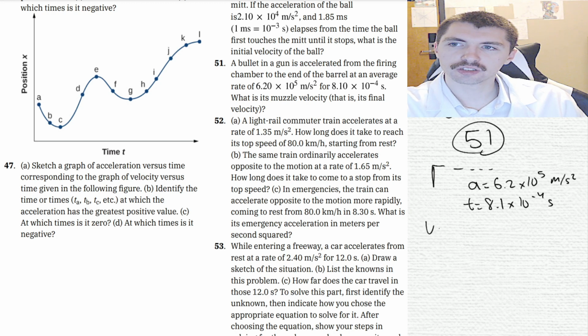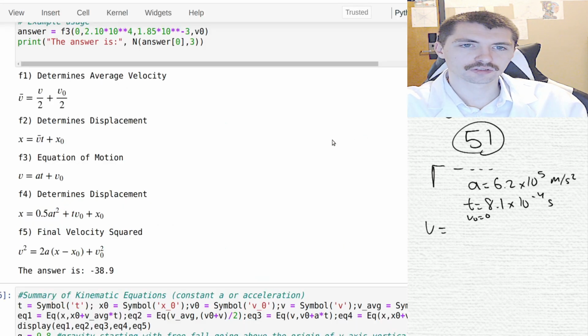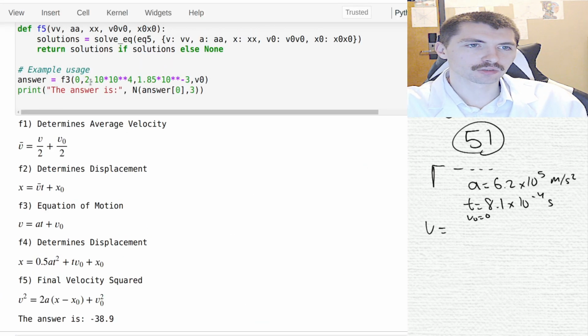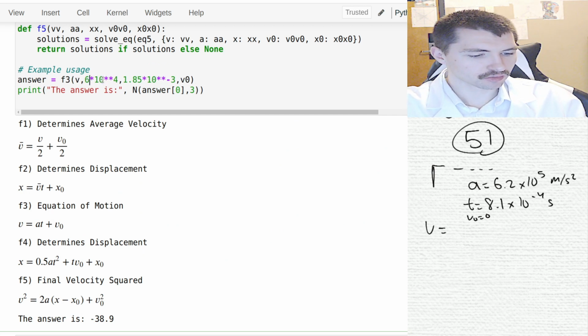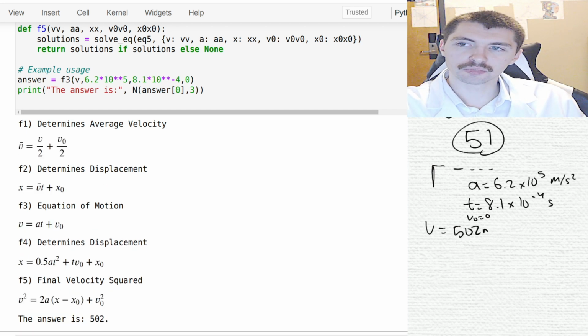Okay, so V is that plus V naught. Let's say V naught is 0. So we're going to do V, 6.2 times 10 to the 5, 8.1 times 10 to the negative 4, 0. It's 502 meters per second.